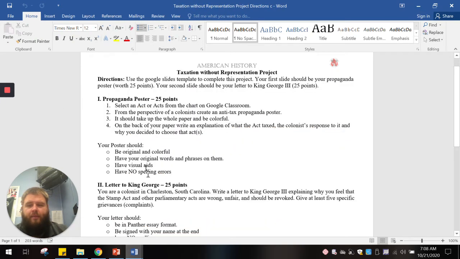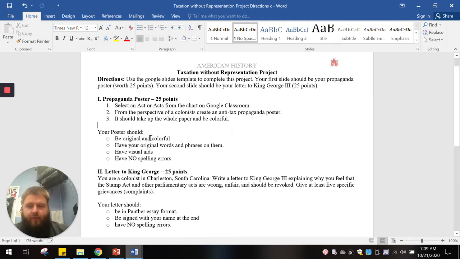So, select an act or acts from the chart on Google Classroom from the perspective of a colonist. So pretend that you're a colonist living here in one of the 13 colonies, and you're going to create an anti-tax propaganda poster. It should take up the whole slide and be colorful. And number 4 here, you do not need.